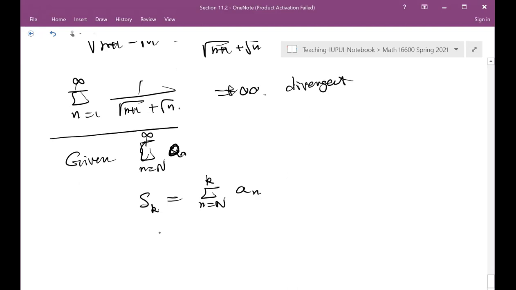So you have a_1 up to a_n, and the last term, this is a_(k-1), and here is a_k. If you look at these terms, this is actually S_(k-1), right?